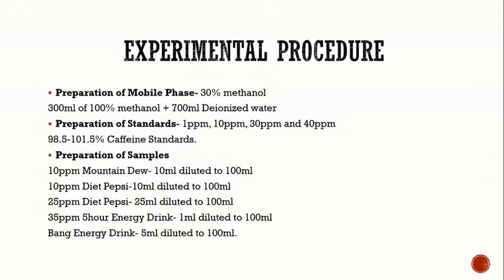The mobile phase is basically the liquid that is supposed to carry the sample through the column to be separated. To do that, we need 30% methanol, which is our mobile phase. So we diluted 300 milliliters of pure methanol in 700 milliliters of deionized water to make the 30% methanol.